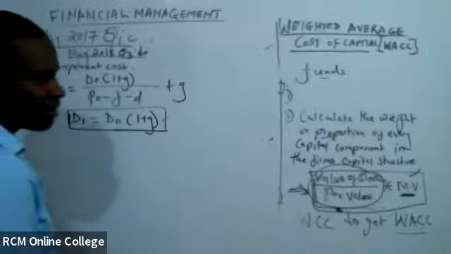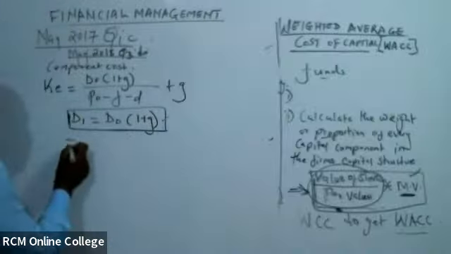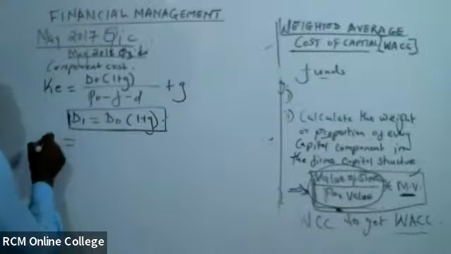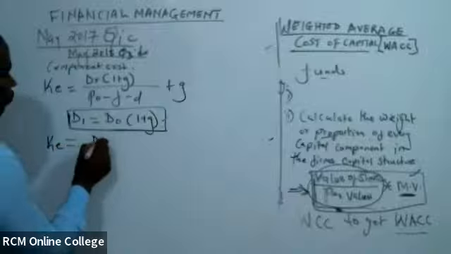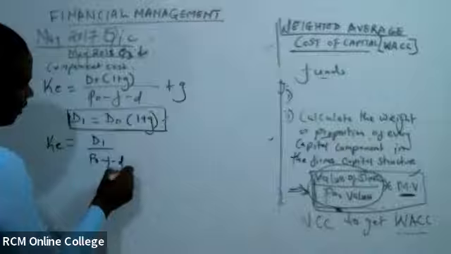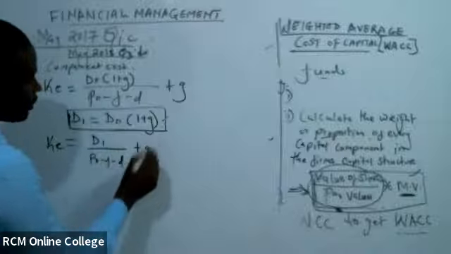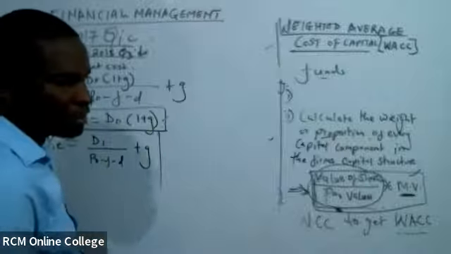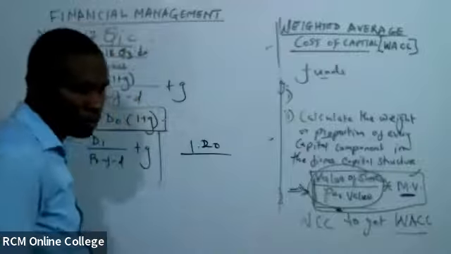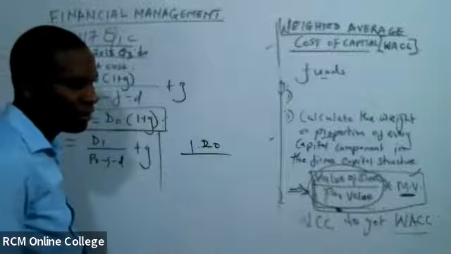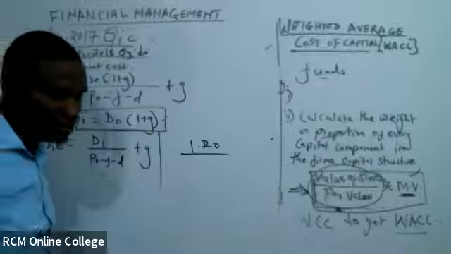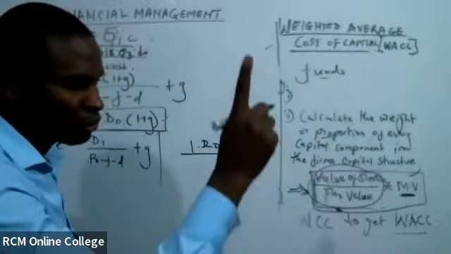So in this case, the question is very simple for us, class. I just need to get D1. So KE will be equal to D1 over P0 minus F if there is, minus D if there is, plus G. Can you tell me what our D1 is? 1.20, divided by P0. That is the market value, which we were told is 30, additional information number 1.